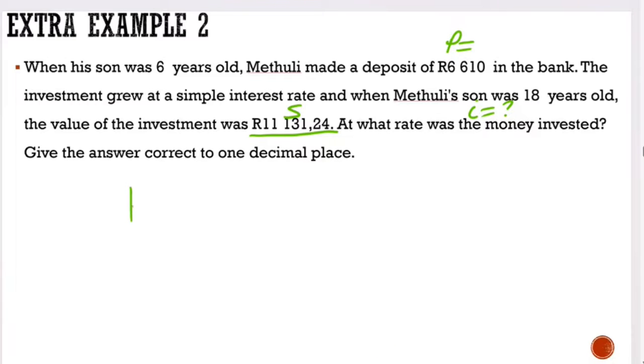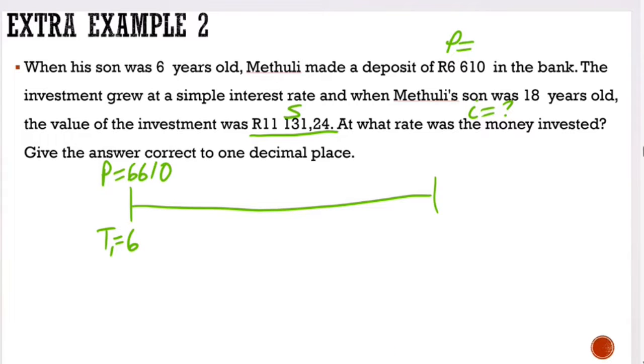So here is your timeline. The father, Metuli, the son is 6 years old. That means at time 1, the son is 6 years old, and he deposits your present value of 6,610.